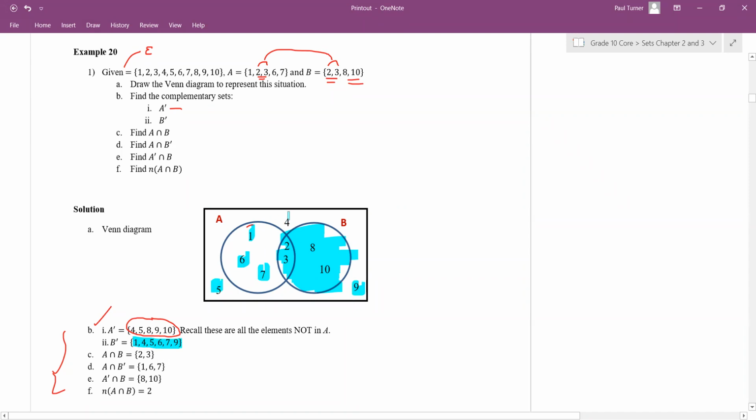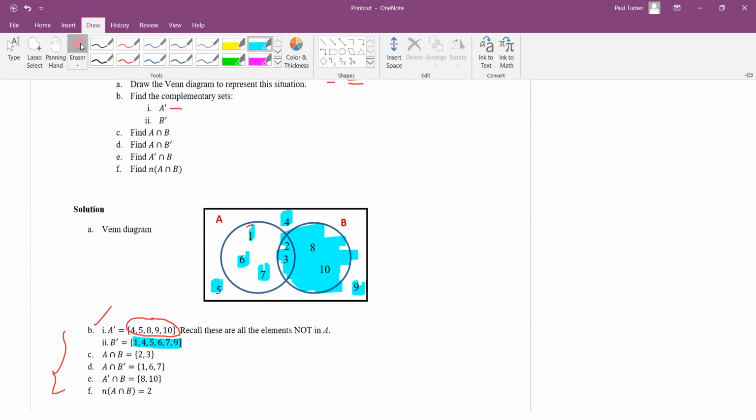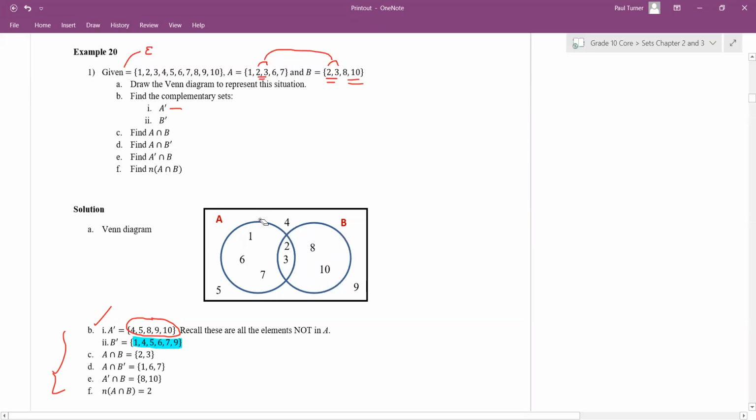Oh, and 4. I missed 4. So these are the elements that are not in B. So look at B and then look outside of B, including the ones outside of A. Not B means anything that's not in B. All right, so that's your complement of the set.